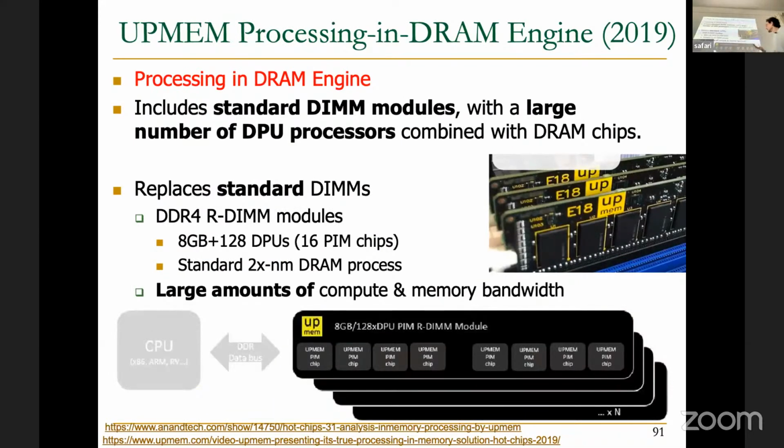I mentioned the UPMEM company, this French startup that has fabricated the first publicly available processing-in-memory system. As you can see in the picture, these are conventional DDR4 DIMMs, but the key characteristic of these DIMMs is that inside each of the chips, there are not only DRAM memory arrays, but also small processors near each of the memory banks, called DRAM processing units, or DPUs.